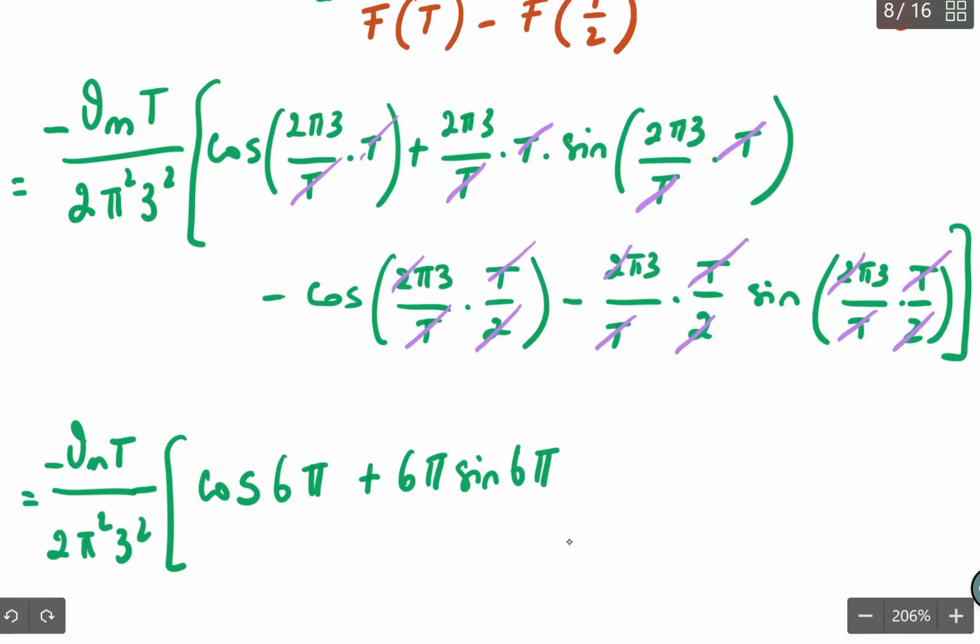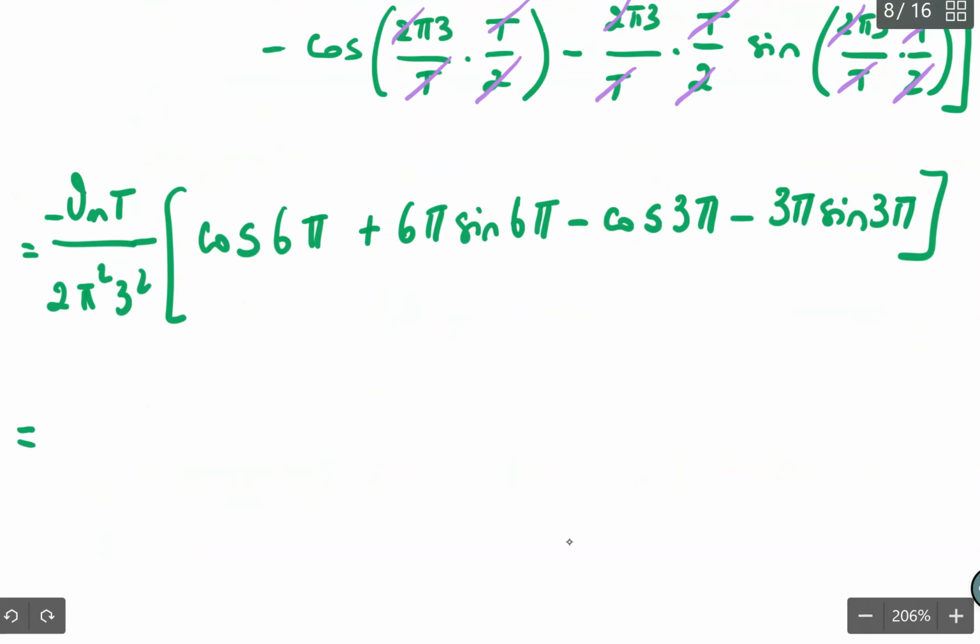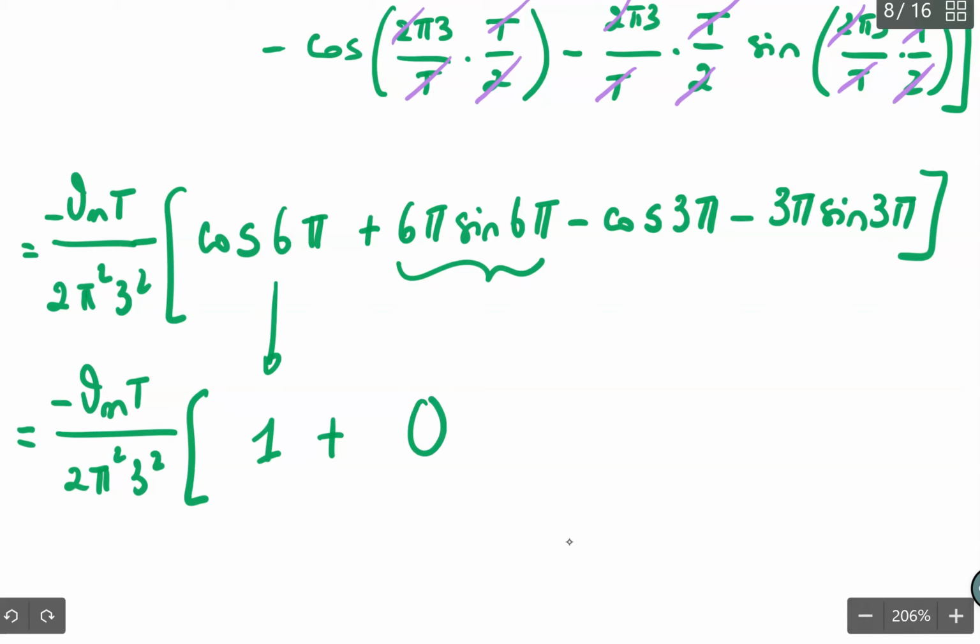So what do we have left inside this bracket? It's minus cos of 3 pi and minus 3 pi times sine of 3 pi. Okay, we can go ahead and use our calculator. Use your calculator. This will become 1, add that, this will be a 0, this will become a minus 1, and this will become a 0.